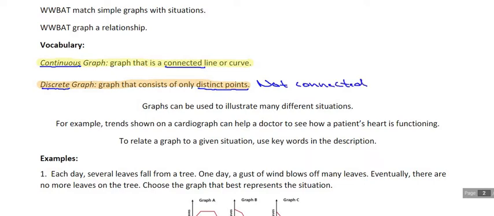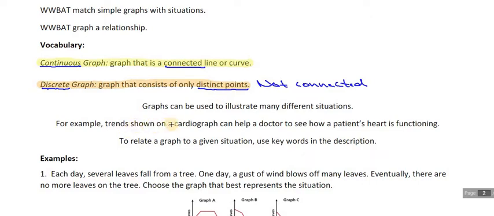In this lesson, we're going to distinguish between situations where we will have a continuous relationship, which means we would connect our line or curve, versus discrete situations where we have distinct, individual, not connected points. We can use graphs to illustrate many different situations.